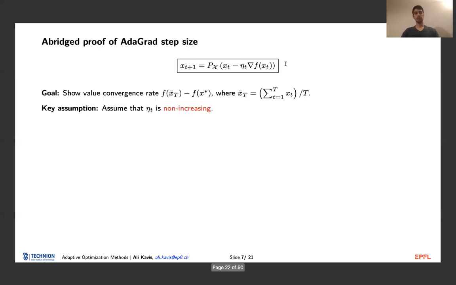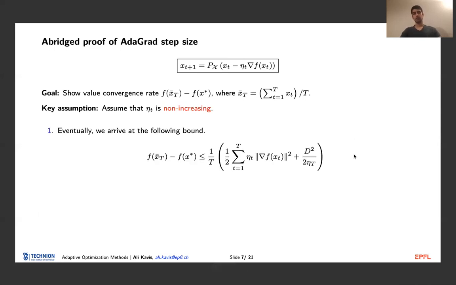The goal is to show convergence of the function value with respect to x bar capital T, the uniform average of all the iterates that we've seen so far. Our only assumption about the growth of eta_t is that it is non-increasing. It can be constant, decreasing, or a combination of both, but we don't want it to increase because we exploit this in the analysis itself.